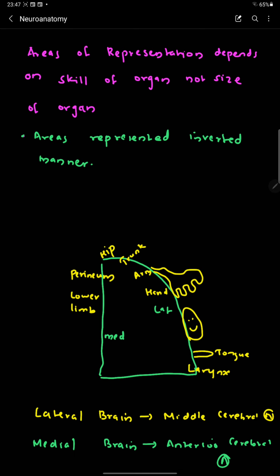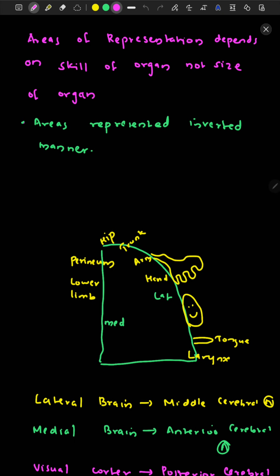Here you can see this is the medial side and this is the lateral side. The perineum and the lower limb are present towards the medial side, and you can see the hand, larynx, tongue, face, hand, arm, arranged in an inverted manner.